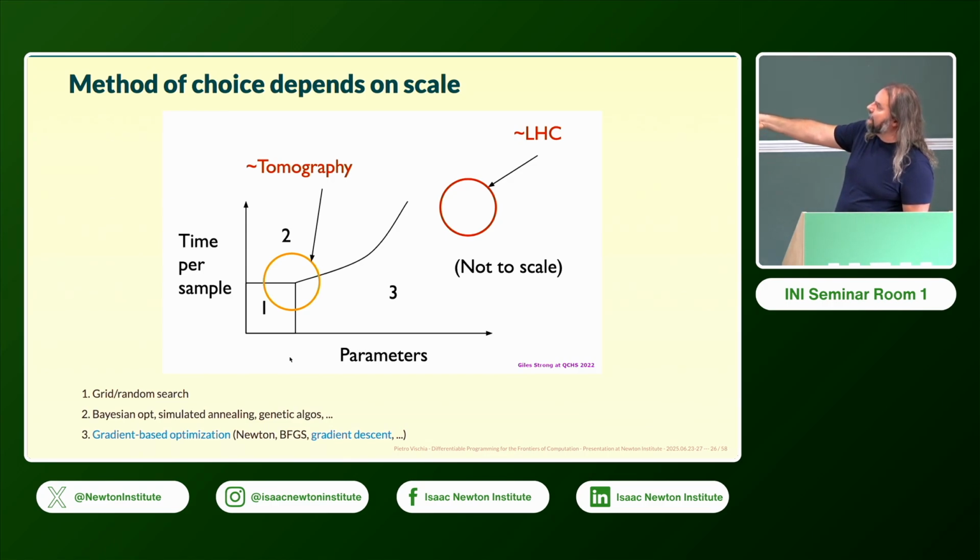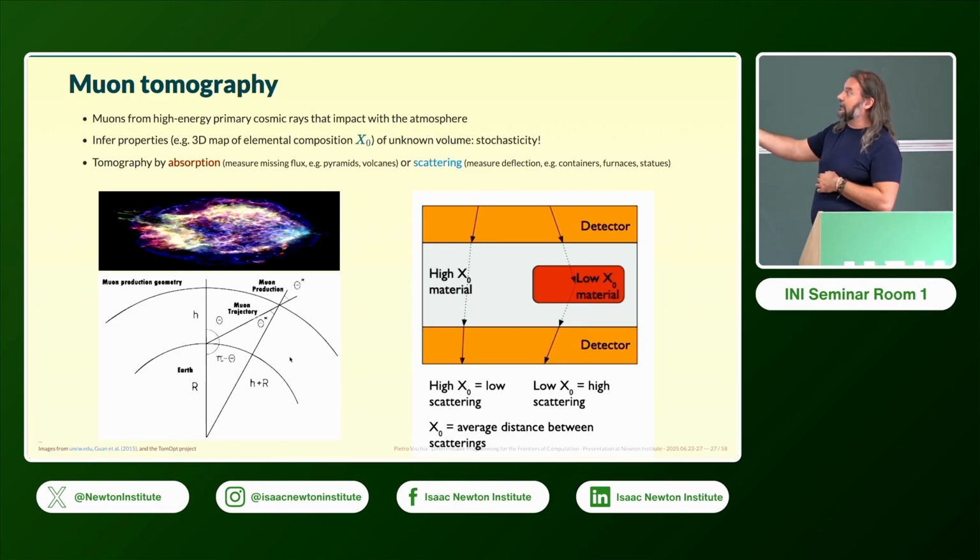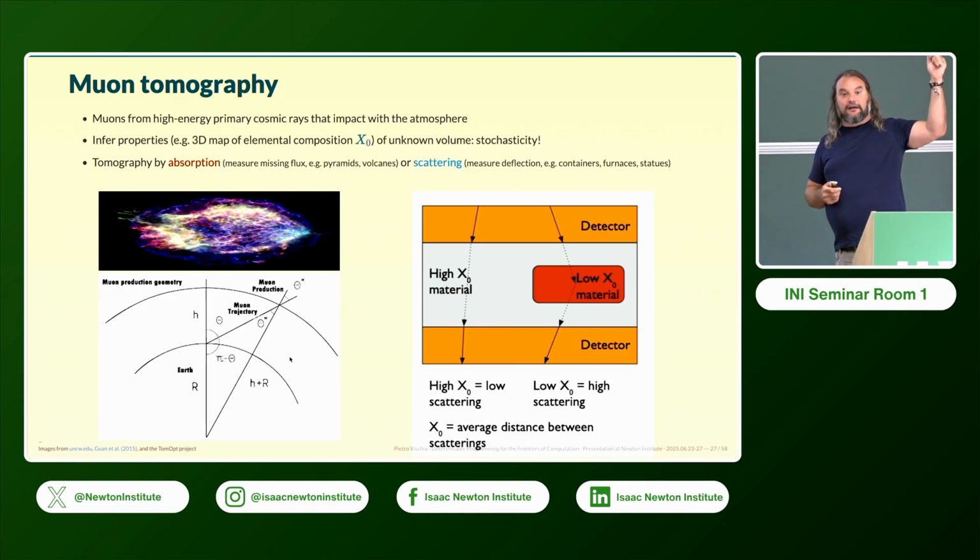We started with muon tomography, a setting where you have a small number of parameters and it doesn't take long to calculate. So there are stars that explode in space and produce protons. The protons arrive at the atmosphere, impact with the atmosphere, and produce particles that are similar to electrons, but 200 times more massive. The mass that they have and their lifetime imply that, first, they travel to the Earth through the air without any issue.